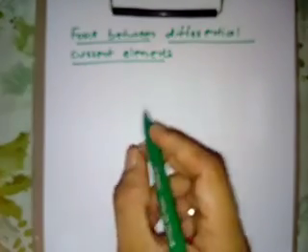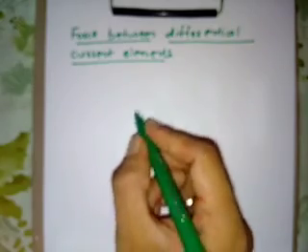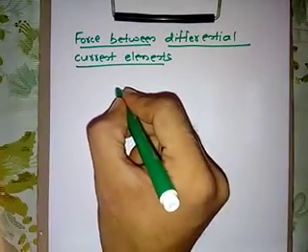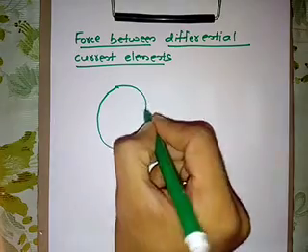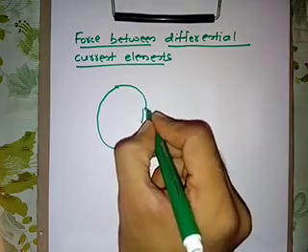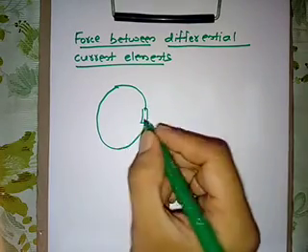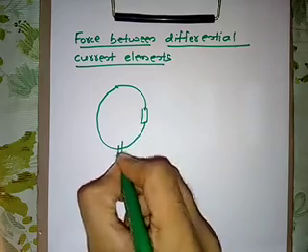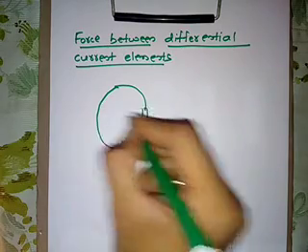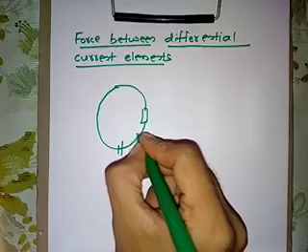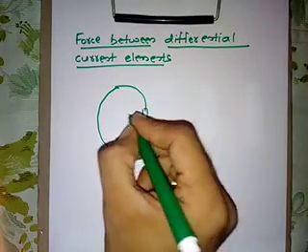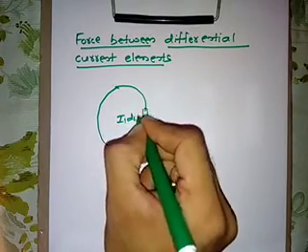Consider two current elements. This is the first current element, with the current flowing from positive to negative. This is I1 dl1 bar.